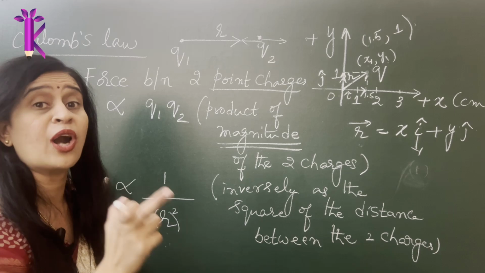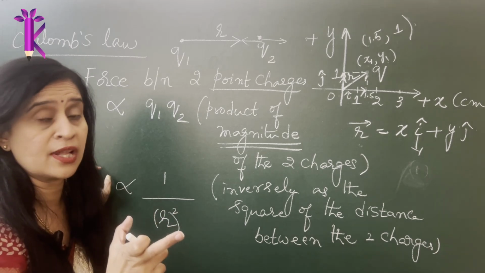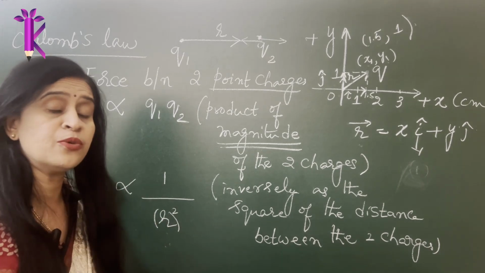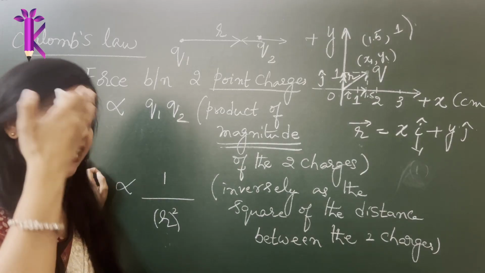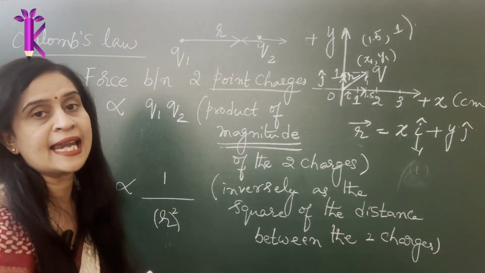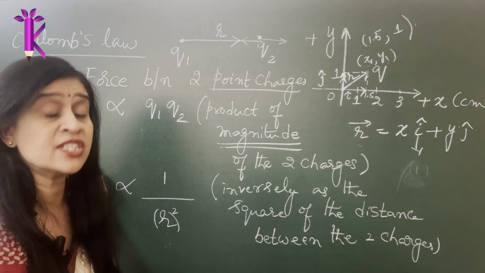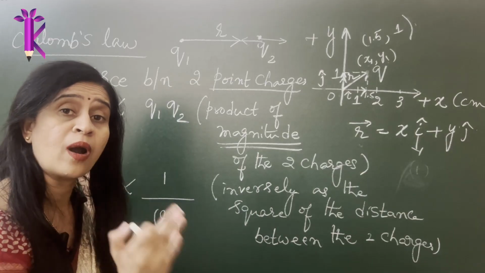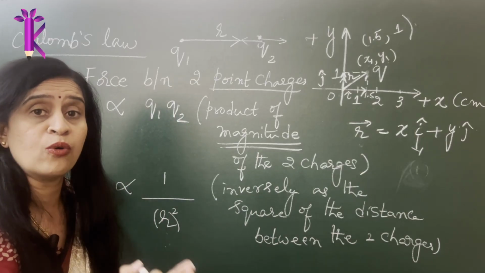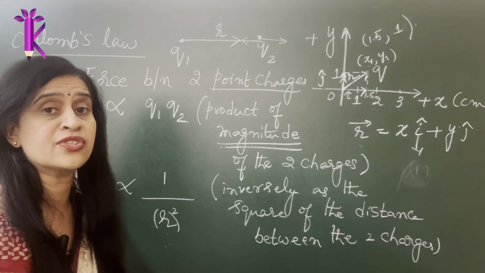So that part you cannot miss, especially when you are stating Coulomb's law or while solving any numerical using Coulomb's law, because it is essential that you not only calculate the magnitude and just leave it as such, you also specify in what direction the force is acting. It is very much essential.